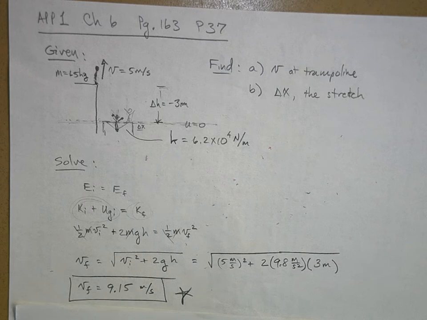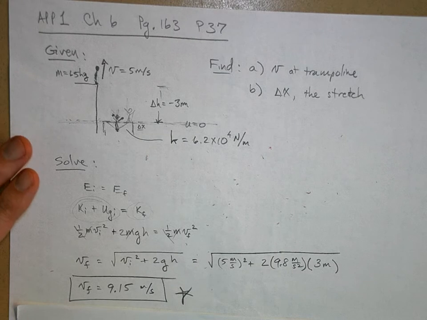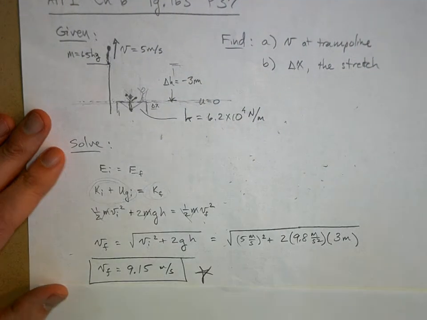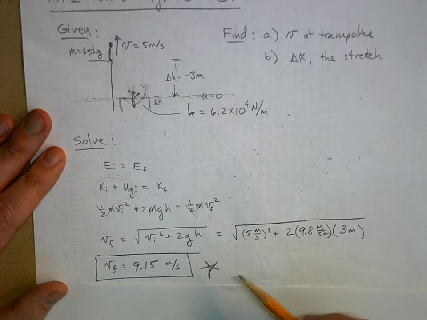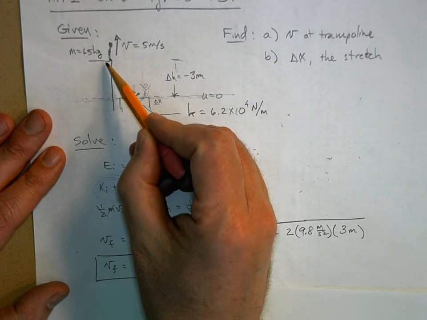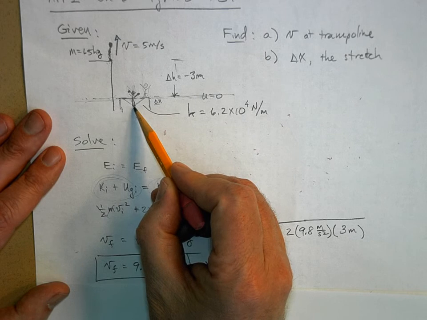So now delta x. Now this is a little bit tricky because what we're going to do is say that the energy, well, we'll start with the initial energy here is equal to the final energy here.